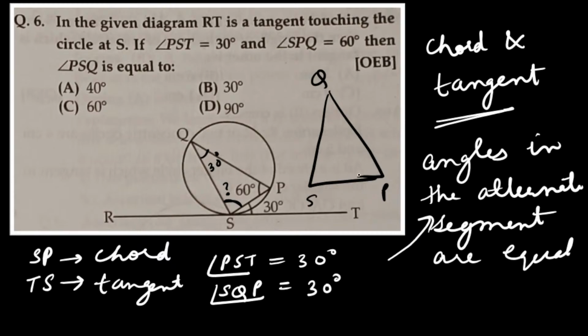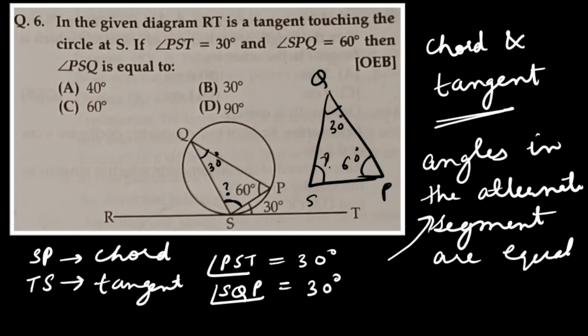QSP is a triangle. Here we know one angle P is 60 degrees, another angle Q is 30 degrees. This is the angle which we have to find, PSQ. If we know two angles in a triangle, the third one we can find using the angle sum property of a triangle.